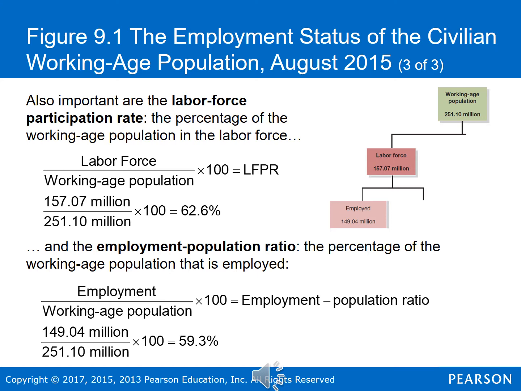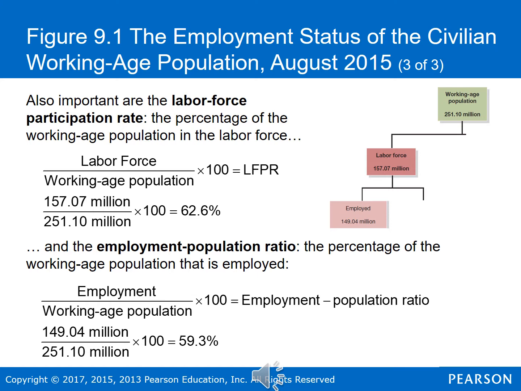And there were 251.10 million in the entire working age population. So when we divide 157 million by 251 million, multiply by 100, we end up with 62.6%. So 62.6% of the working age population was considered in the labor force. So they were either employed or they were actively looking for a job.